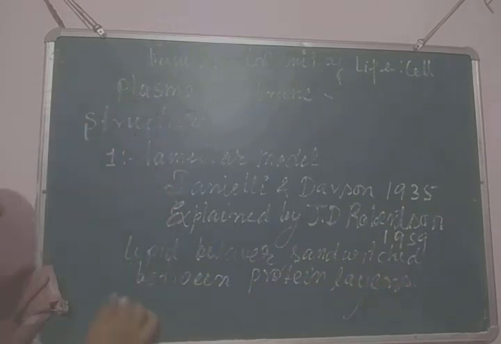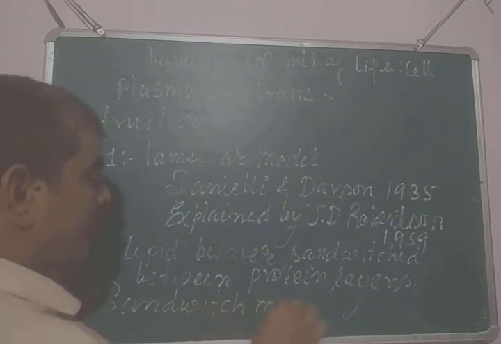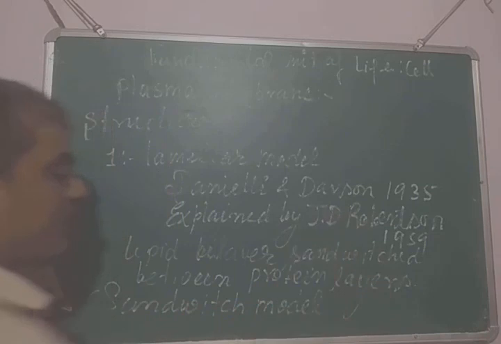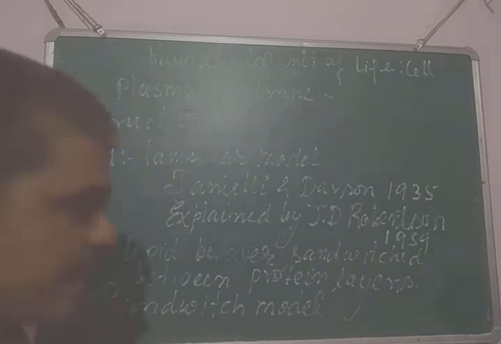That's why this model is also called the sandwich model. Dear students, for your information, this model has been rejected because it was unable to explain the functions of the plasma membrane.